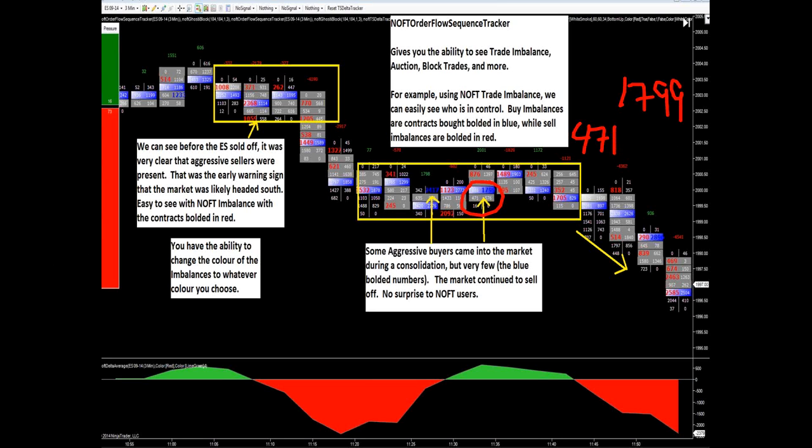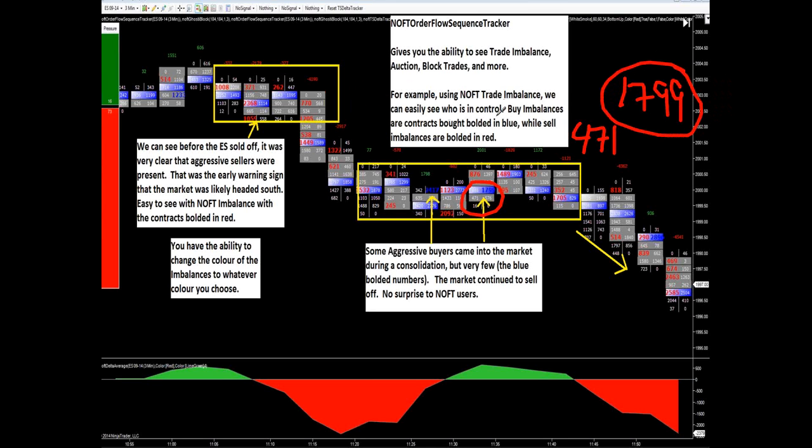It's got to be three times or more if I've got it set to 300. Obviously 1799 contracts is more than three times greater than 471 contracts, so this number gets highlighted in blue.